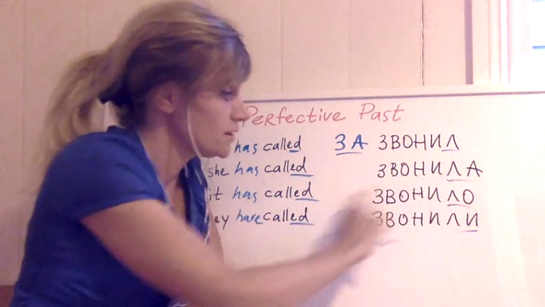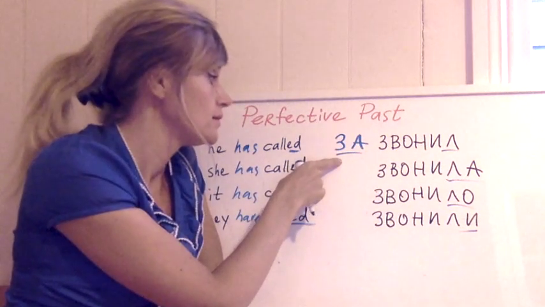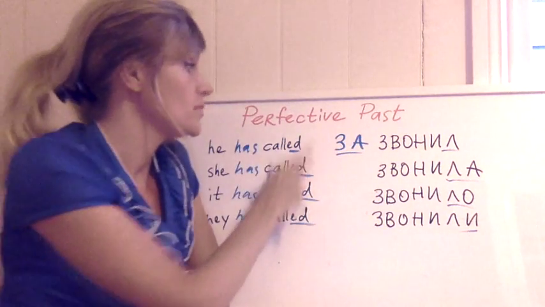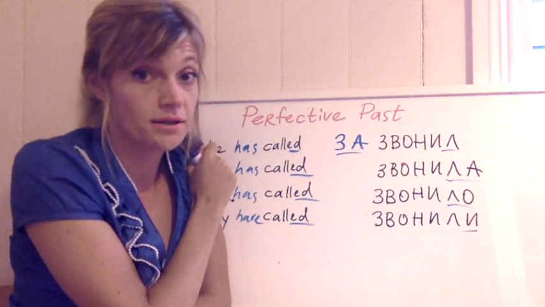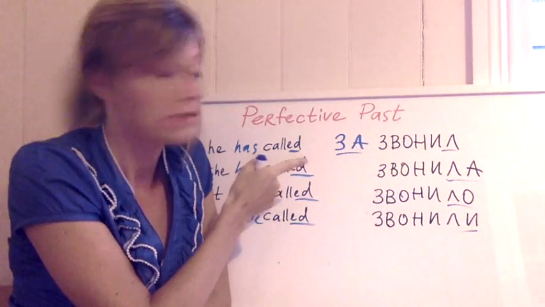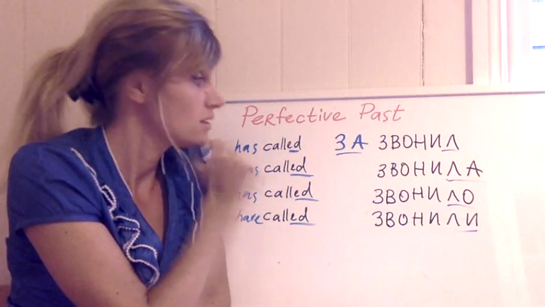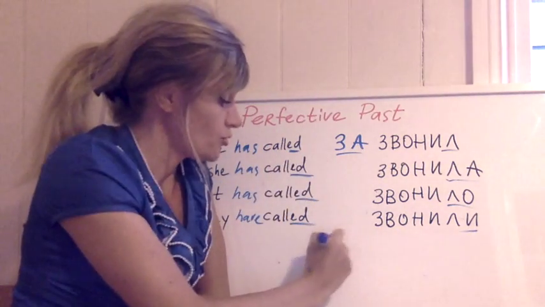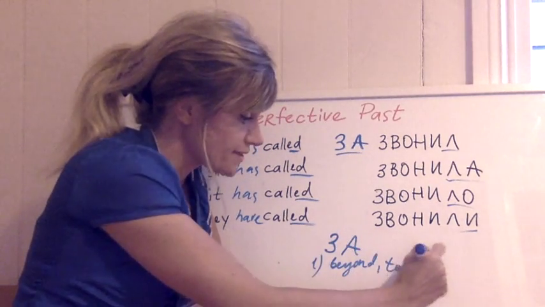Зазвонил, зазвонила, зазвонило, зазвонили. Again, it's the same. He has called, she has called, but there is another dimension to this translation, not just that he called. За normally can mean beyond, too much, excessively.